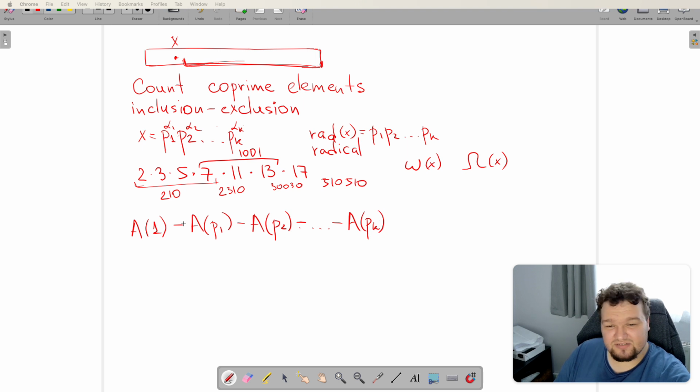But here, for example, we subtracted twice the numbers that are divisible by p1 and by p2. So we need to add them back. So the number of numbers that are divisible by p1 and p2 at the same time. But that's just being divisible by the product of p1 and p2. And well, you can see the inclusion-exclusion here.